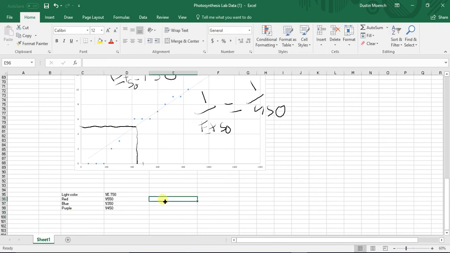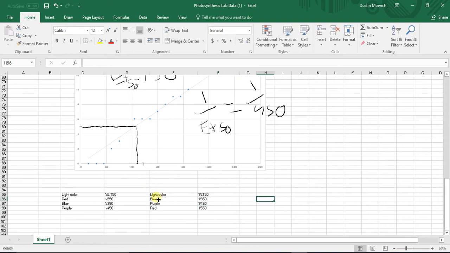So I'll remake my table over here, light color, and let's do blue first, purple next, and red last. And then we'll do our 1 divided by ET50. We'll do 1 over blue 350, 1 over 450, 1 over 550.